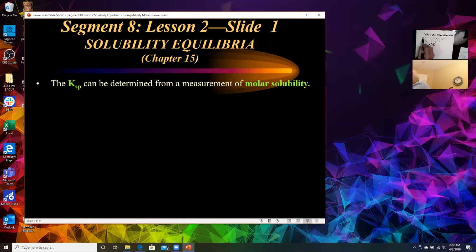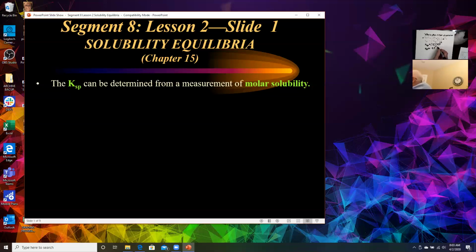But when I dissolve S moles of mercury 1 chloride, I'm going to get 2S moles of chloride ion. So this is going to be a 2S, and that's going to be squared. So the KSP is going to be S times 2S squared, and so the KSP is going to be 4S cubed.